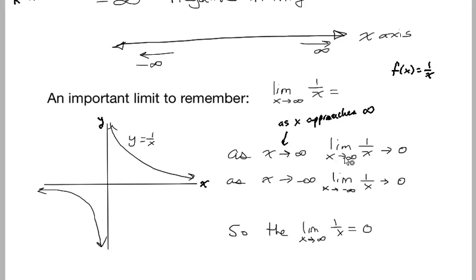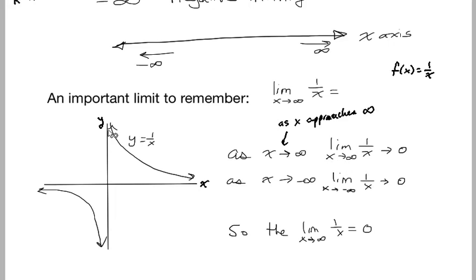The limit as x approaches infinity of 1 over x approaches 0. Okay, the limit gets closer, the y value gets closer and closer to 0. Okay, remember that the limit is talking about the y value. What's happening to the y value of this function as I change my x? And so you'll see that it gets closer and closer to 0.